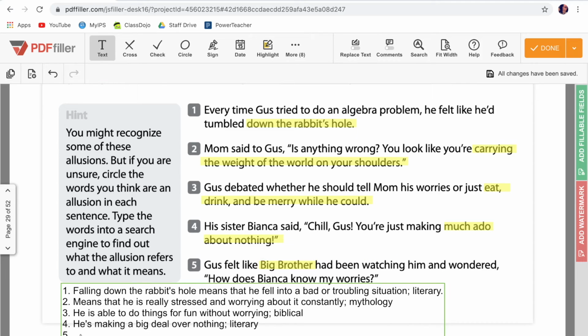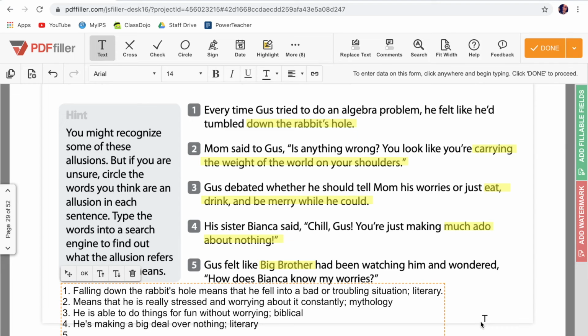Now, I think most of you are probably going to jump to thinking about the TV show, which is fine. We can think about it from that angle, but Big Brother actually is from something else. So what is the show Big Brother? What's the premise of Big Brother? Well, if anyone's seen it, it's where all those cameras are watching those people. So he feels like he's being watched, and his sister knows his secrets, right?